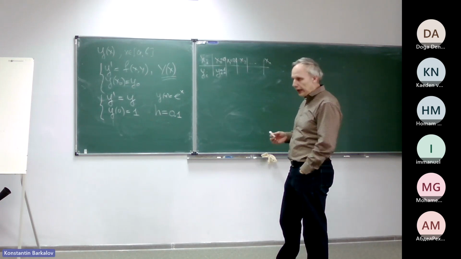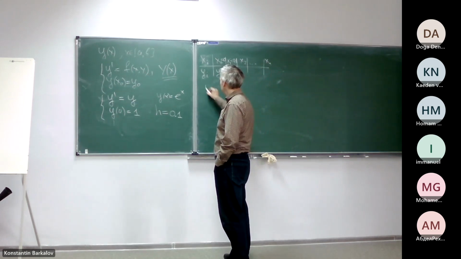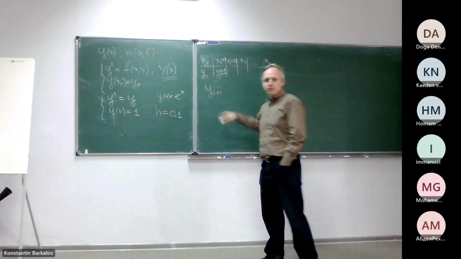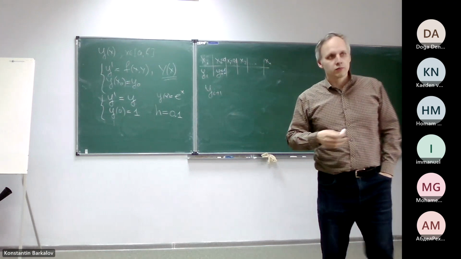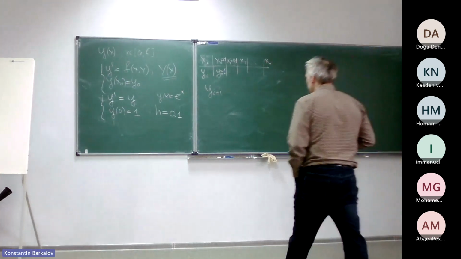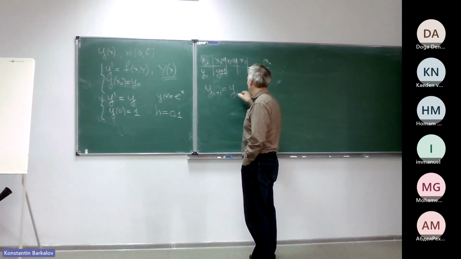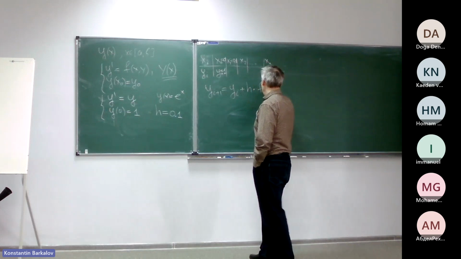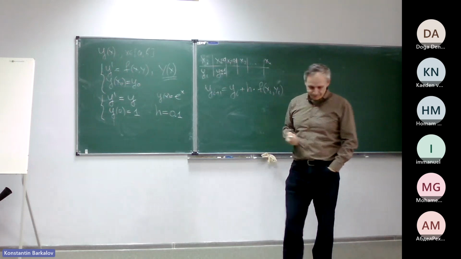According to Euler's method, y_{i+1}, the value of y at the next point, equals the value of y_i plus h times f of x_i, y_i.